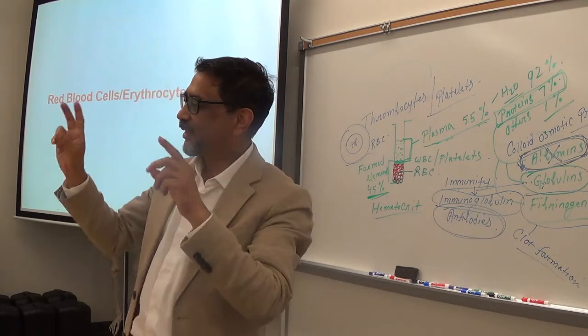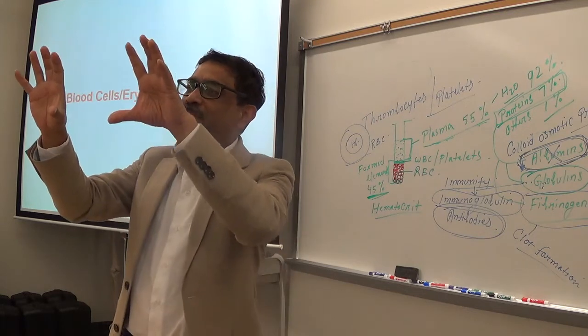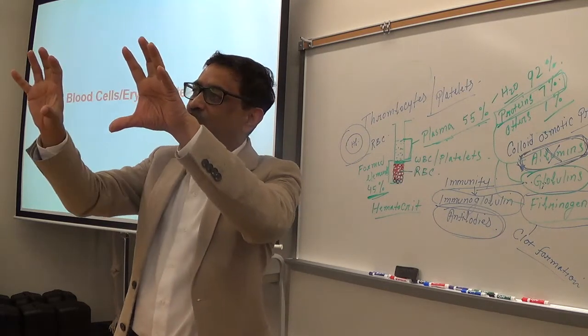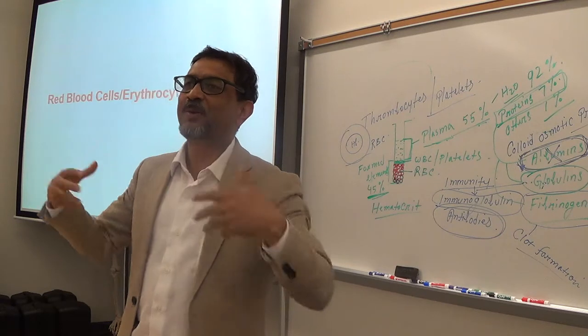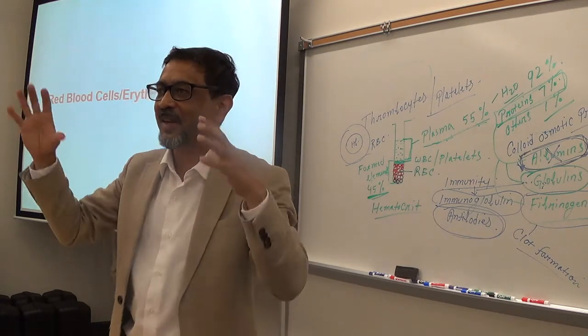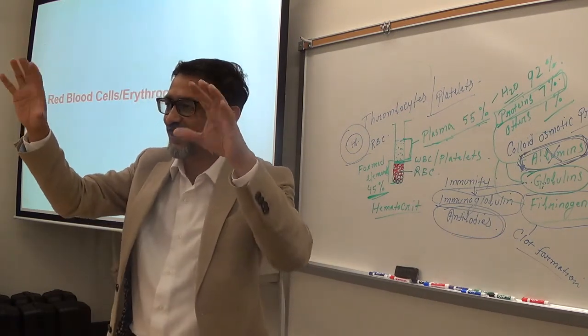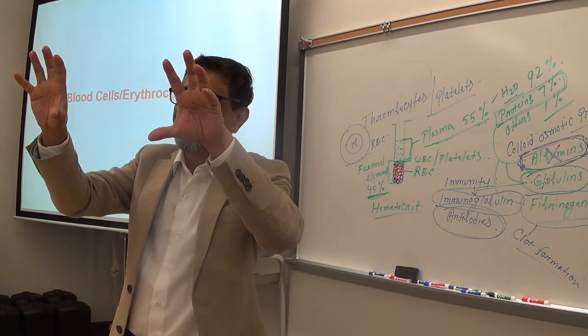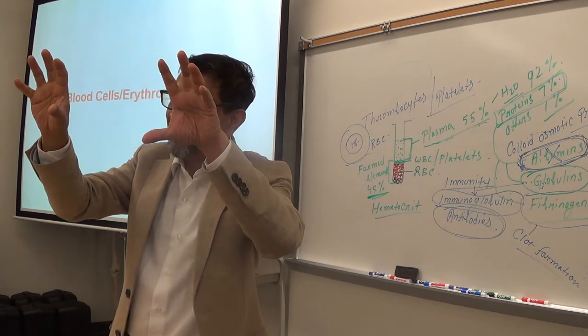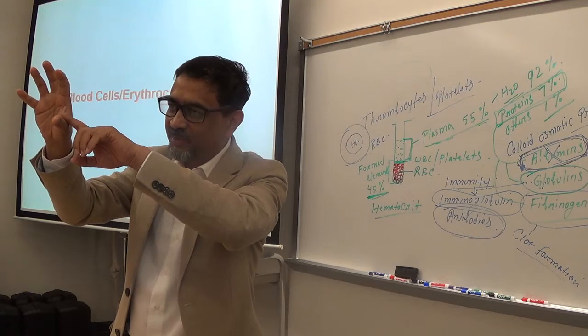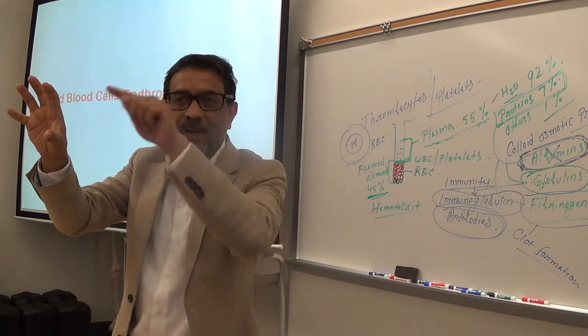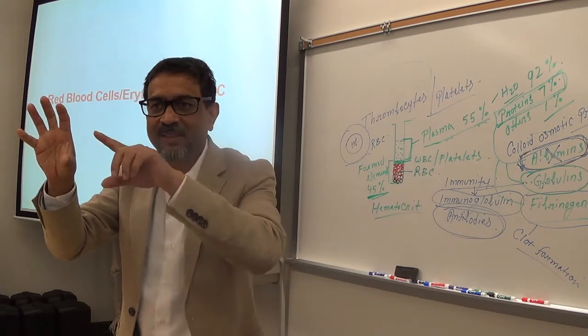Another thing happens when immature becomes mature, like when we get old. What happens? The size is smaller, right? So the immature red blood cell is bigger, but the mature red blood cell is smaller in size. So reduction of the size, right? Another change.